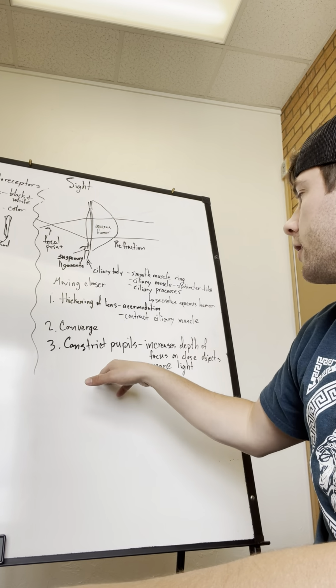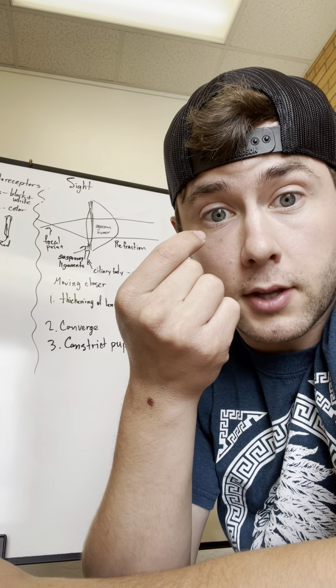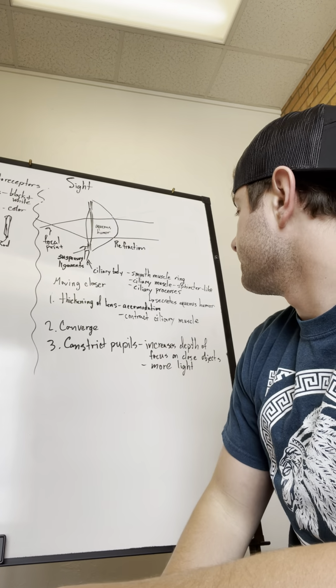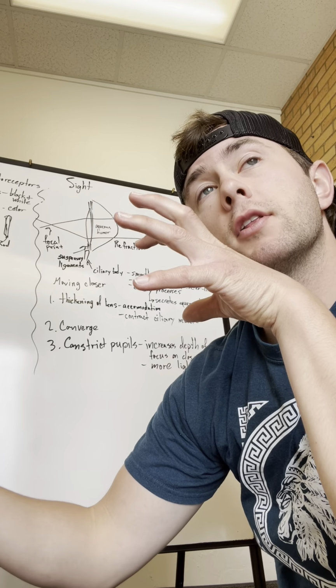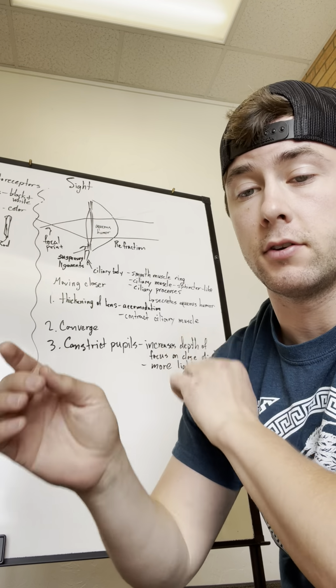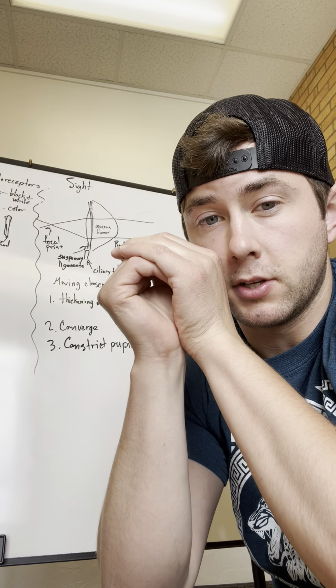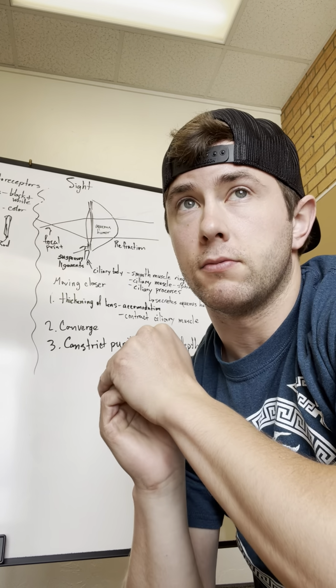And then another way is the constriction of your pupils. Your pupils are that dark circle you can see in my eyes, and that allows more light in or less light in. If you're up close, your pupils are going to constrict, which means they get tighter, and so you're allowing less light in. So what does that do?